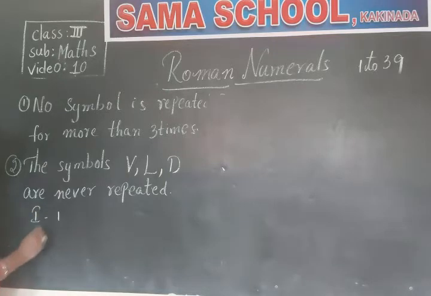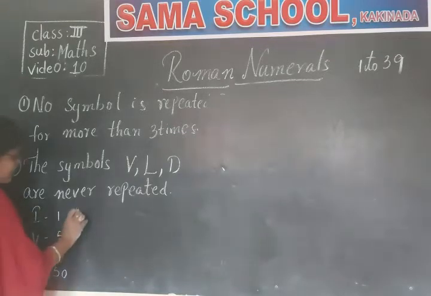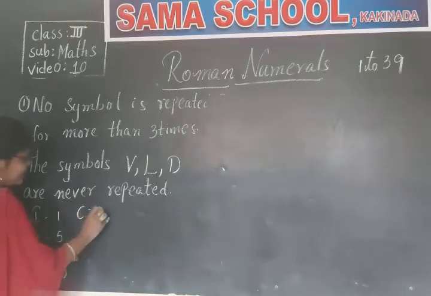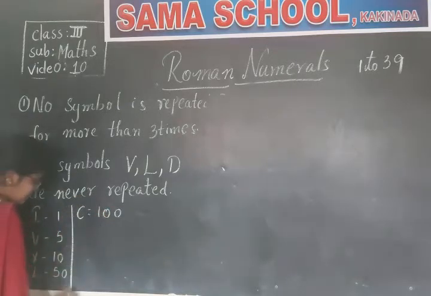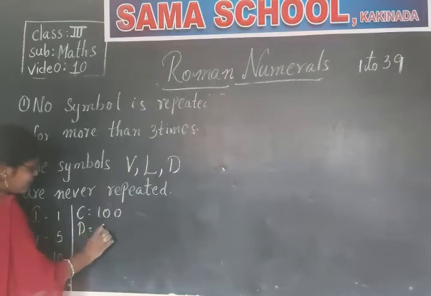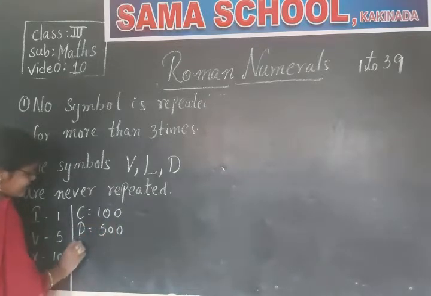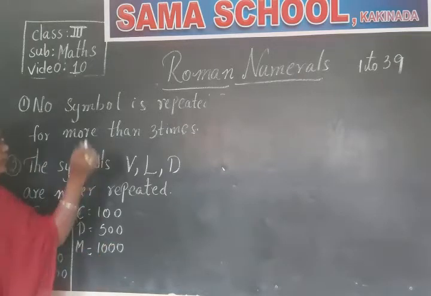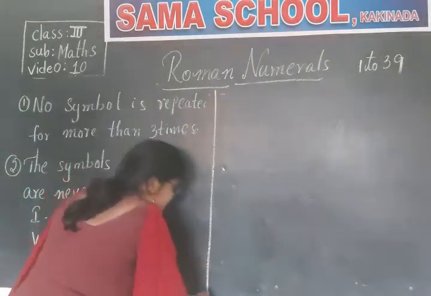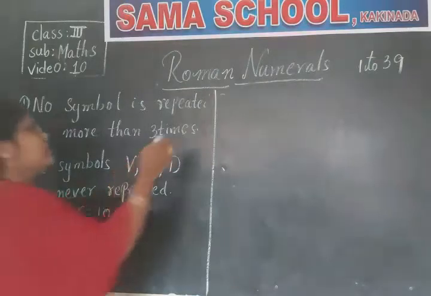I stands for 1, V for 5, X for 10, L for 50, C for 100, D for 500 and M is for 1000. Okay. Now, come on, write the numbers.